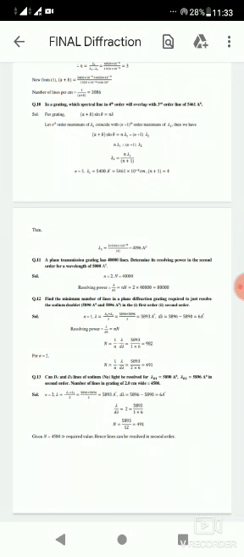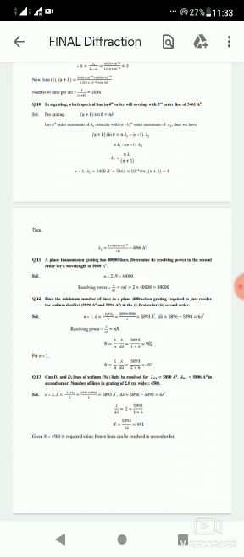Question number 13. Can the D1 and D2 lines of sodium light, lambda D1 is 5890 angstrom and lambda D2 is 5896 angstrom, be resolved in the second order? The number of lines in a grating of 2 cm width is equal to 4500. As we know, n is equal to 2, lambda is equal to (lambda 1 plus lambda 2) by 2, and d lambda is the same as in the previous question.